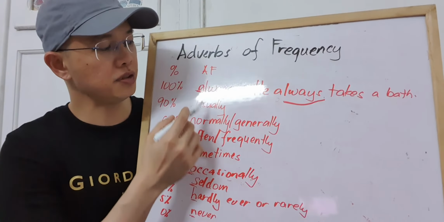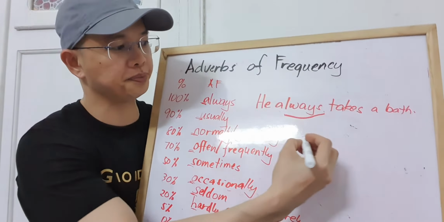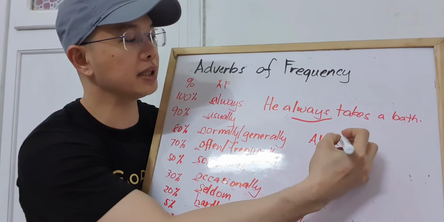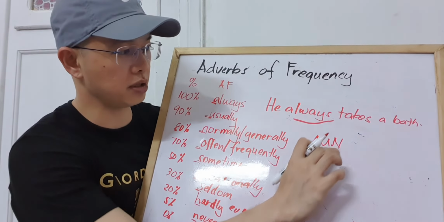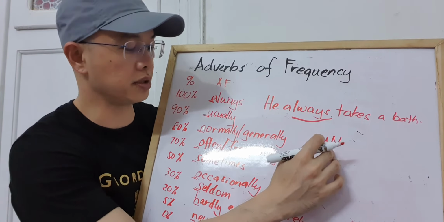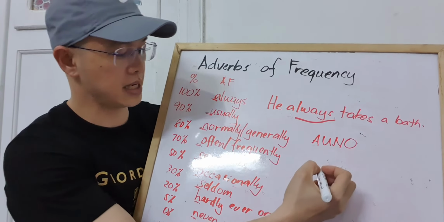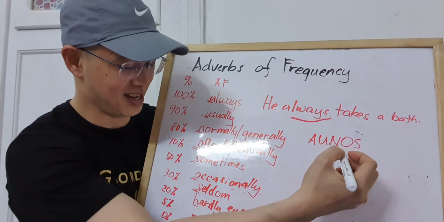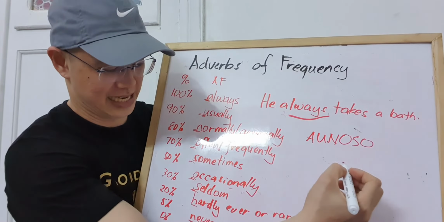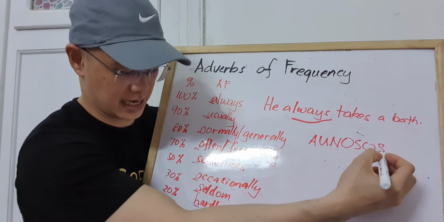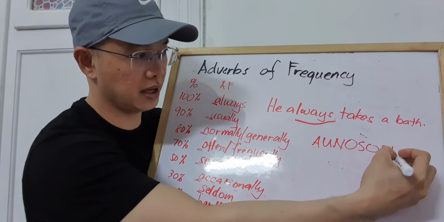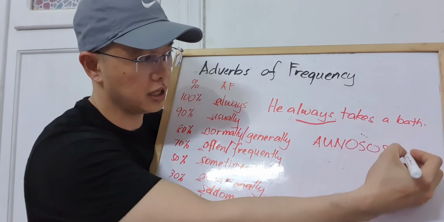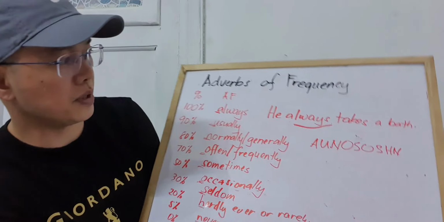So to remember, then you will have A, U, then you have N, because normally or generally, or you can have G if you want to, then you have O again, then S, then you have H for hardly ever, or you can use R, it depends on you, and then you have N. Can you read that?